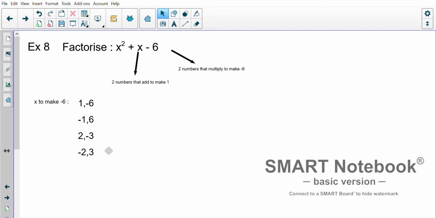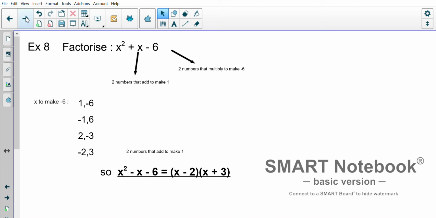Again, there's only going to be one answer, and it's this final one here where it's minus 2 and 3. Okay. So our answer, you've got x squared plus x minus 6. Your answer to that is going to have an x minus 2 and an x with a plus 3.